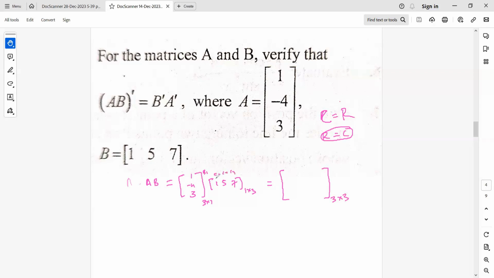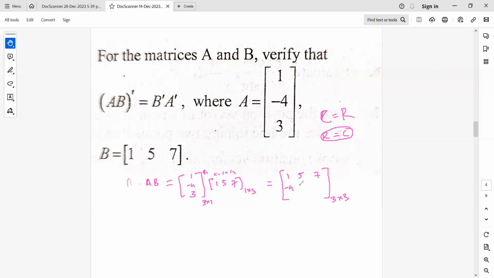R1 into C1, 1 into 1, will be equal to 1. R1 into 5 will be equal to 5, and 1 into 7 will be equal to 7. Similarly, R2 into C1, minus 4 into 1, will be equal to minus 4.